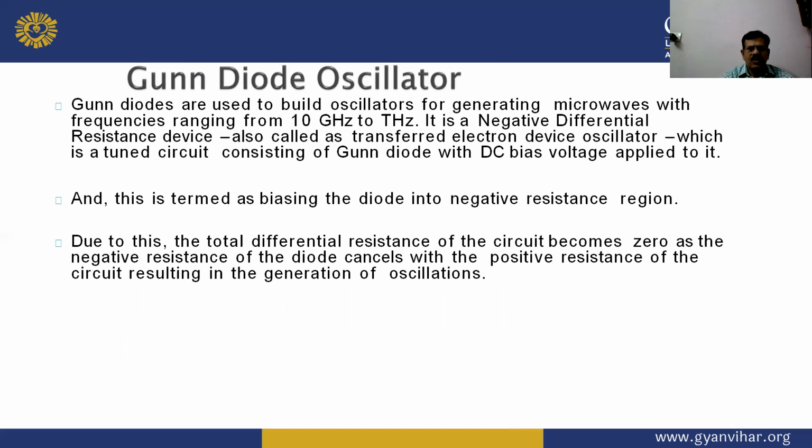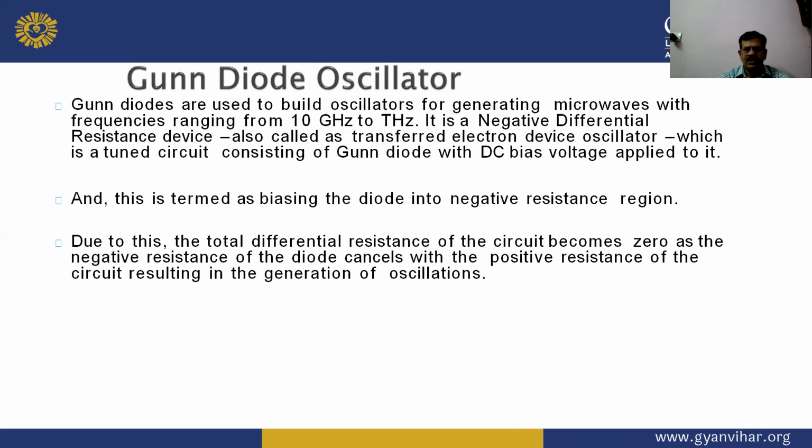Gunn diodes are used to build oscillators for generating microwaves with frequencies from 10 gigahertz to terahertz. It is a negative differential resistance device.